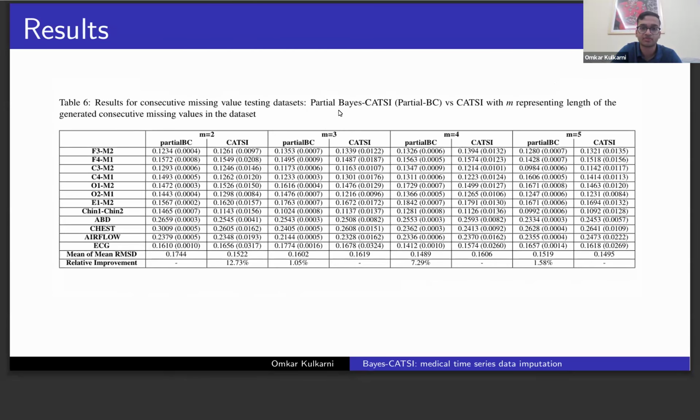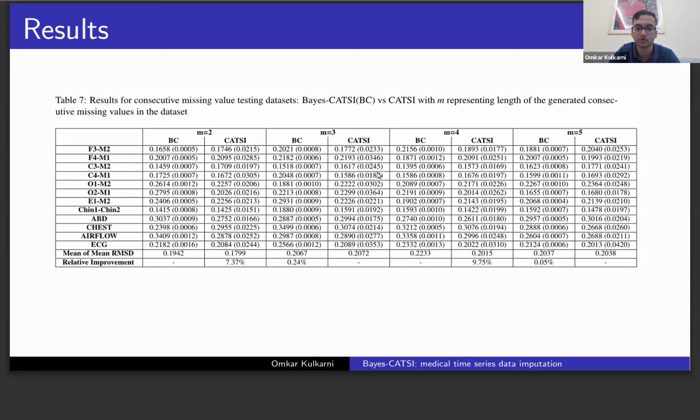While the Bayes-CATSI model has a minimal advantage over CATSI for missing value lengths of 3 and 5, at 0.24% and 0.05%, it underperforms CATSI for missing value lengths of 2 and 4, at 7.37% and 9.75%.